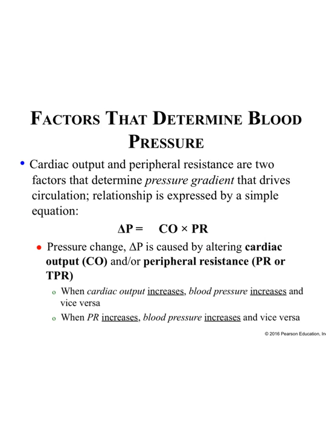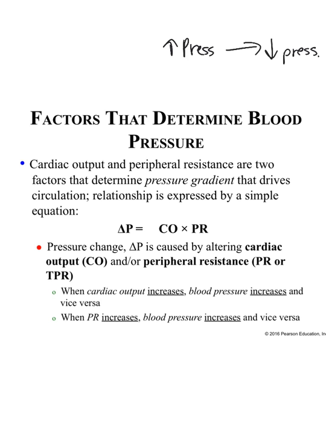So cardiac output and peripheral resistance are two factors that determine a pressure gradient. Again, we know that blood is going to move from high pressure to low pressure, always. And so the heart and vessels must maintain this pressure gradient.